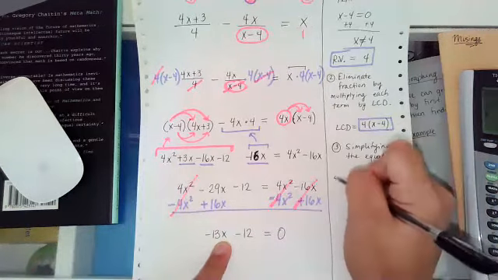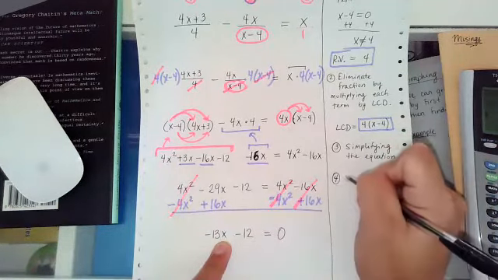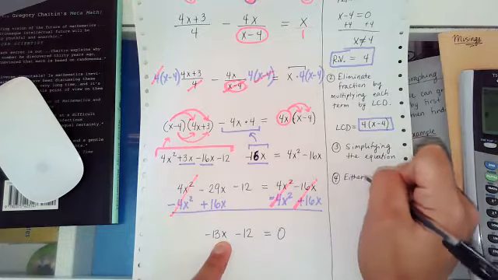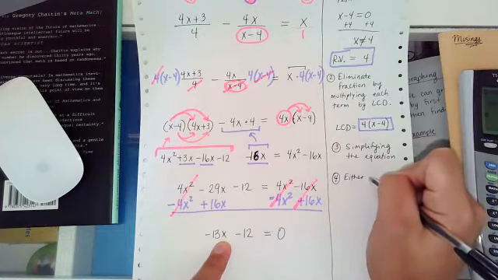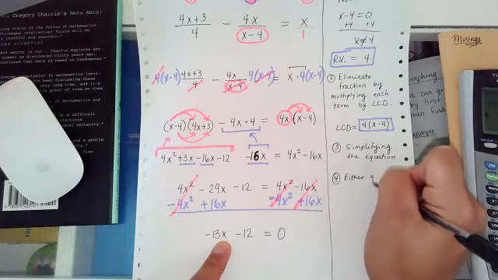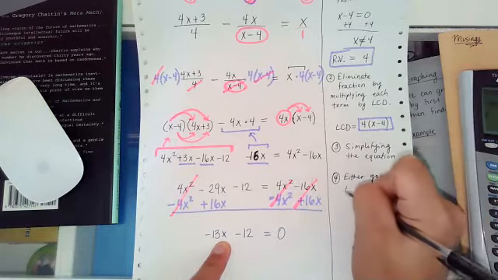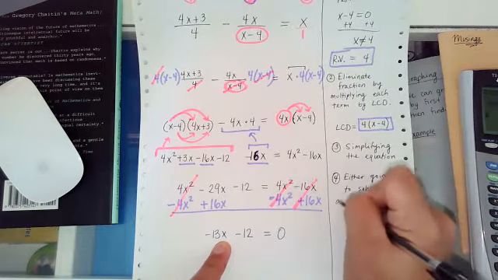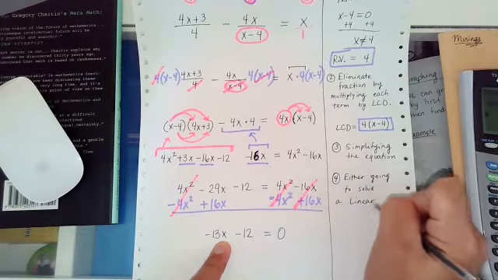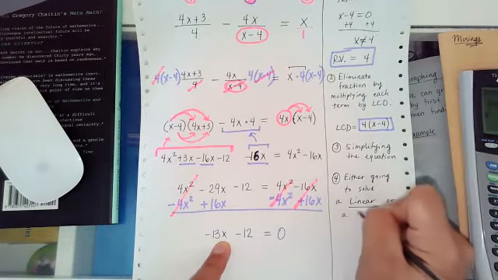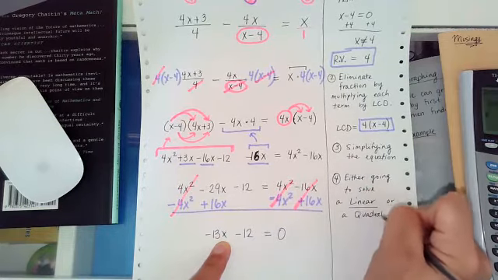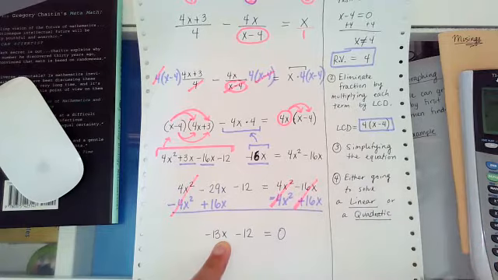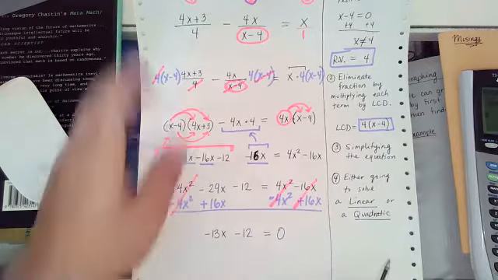So now, for the fourth step, you're either going to solve a linear or a quadratic equation. It turns out that this is a linear equation, so we'll be able to solve it pretty simply.